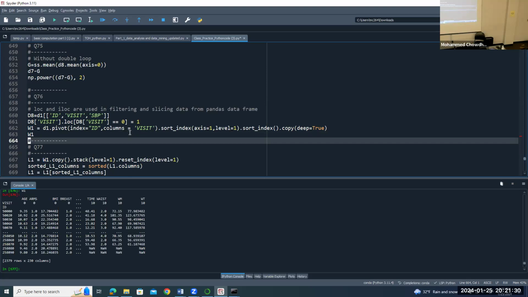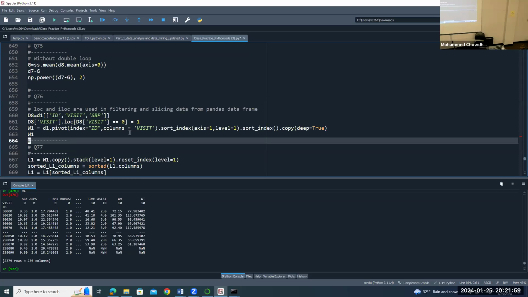So for visit 0, the person has this ID, and his age is this. And then after a certain period of time, the age will again appear here, and again after all of this. Are you understanding? They're changing from long to wide.